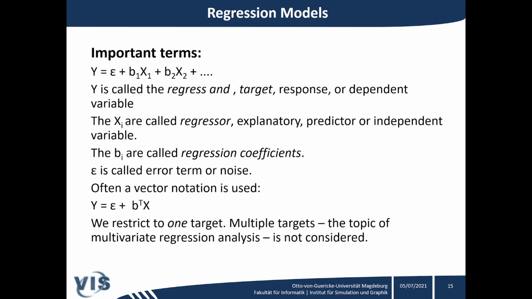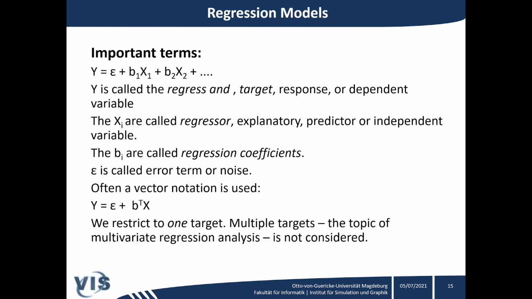Moreover, before we start with a closer look at different regression methods, we need to clarify some terminology. Assume we are going to fit a line which is given by this formula. Here, y is called the dependent, response or regress variable, and the xi are called the regressor, explanatory, predictor or independent variables.